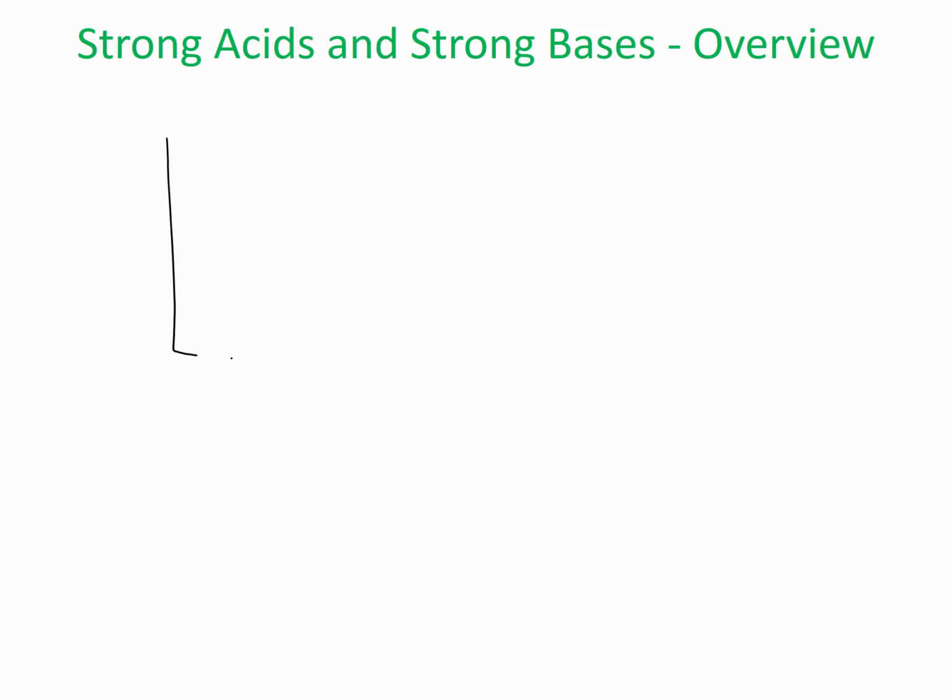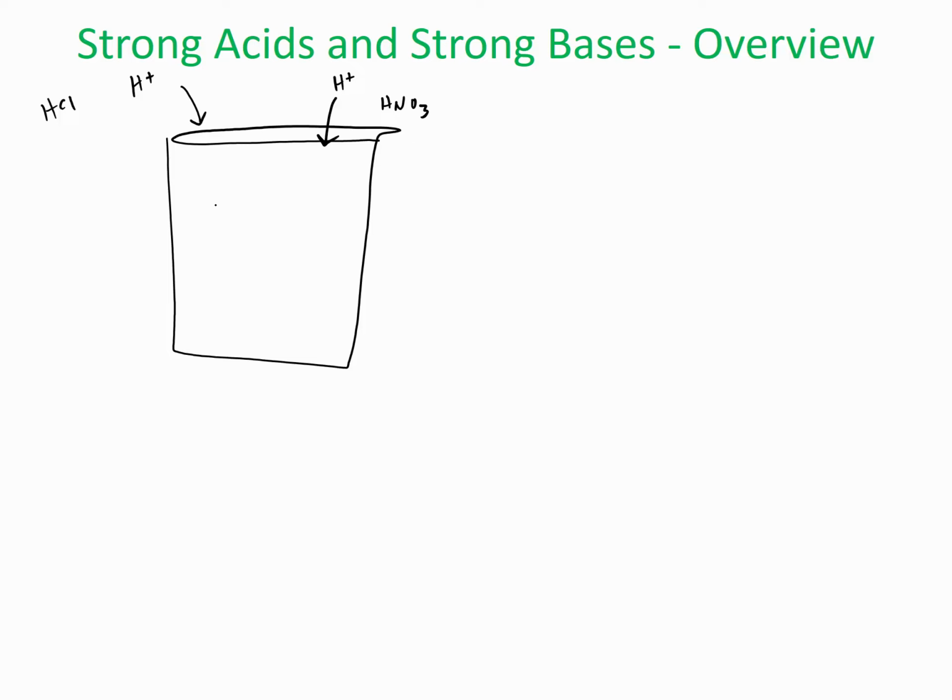You'll have, let's say, our beaker, and let's say you have a mixture of acids. So this will be HCl that is added, and maybe some more hydronium or H plus added from HNO3. So you might have multiple sources of hydronium, but the key thing is that if you're asked to calculate a pH, it's the negative log of the H plus concentration.